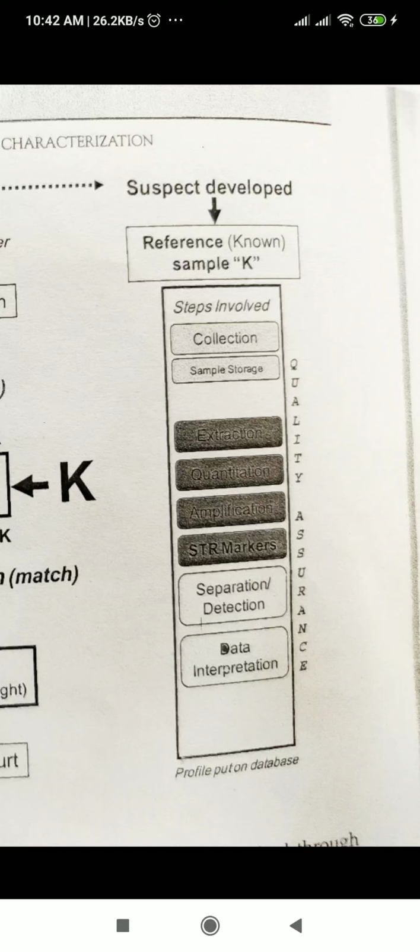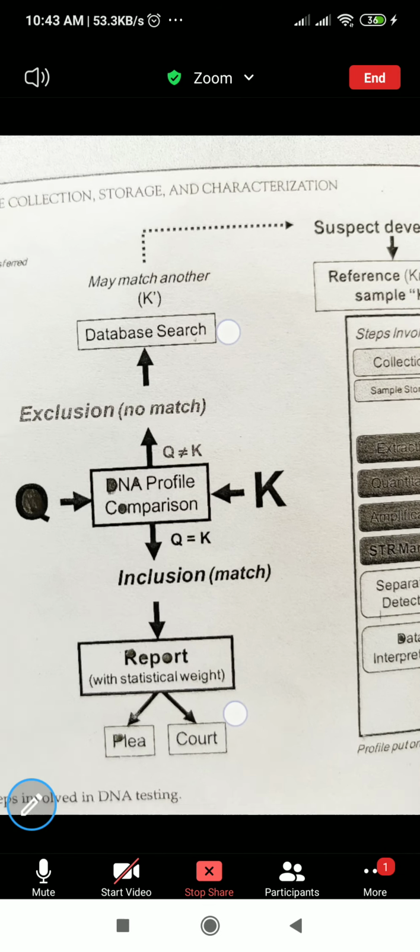So first we will go for the collection of the samples, then the sample storage, then again we will proceed for the extraction, quantification, amplification with the help of STR markers, then detection or separation and the interpretation of data with the suspect one.